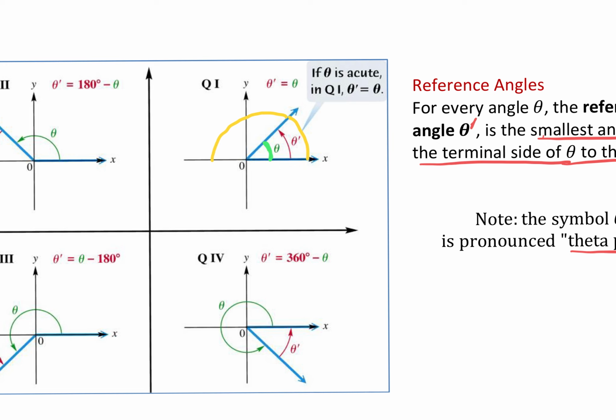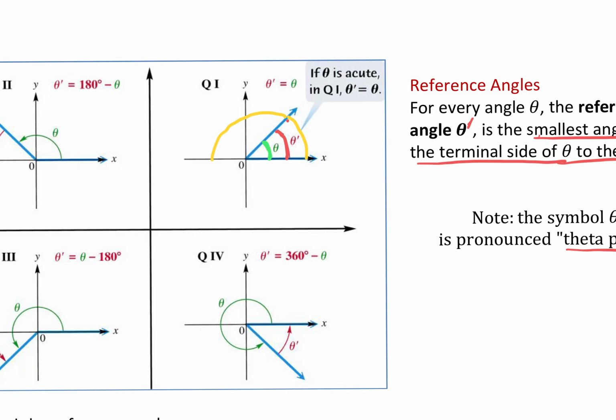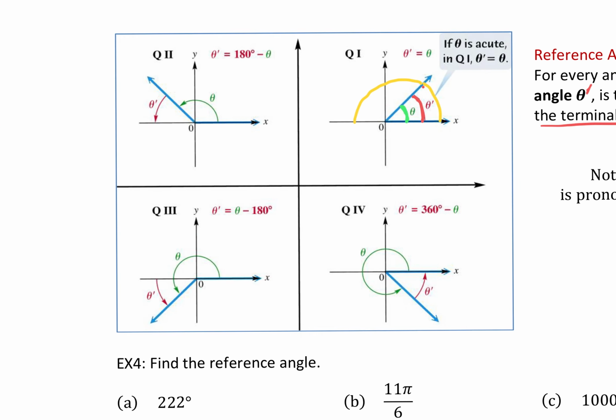So if your angle theta falls in quadrant 1, then the smallest distance will be theta. Our reference angle is equal to the angle, because the shortest distance from the terminal side to the x-axis is that angle theta. But if you're in quadrant 2, here we have our angle theta landing in quadrant 2. To get to the x-axis, I can keep continuing on, or I could go back where I started from.